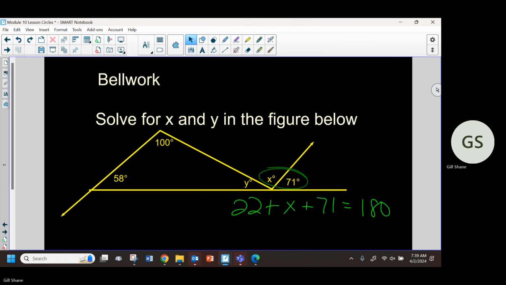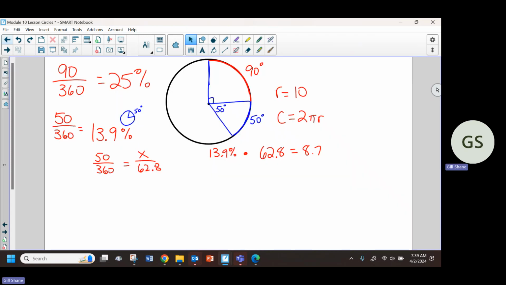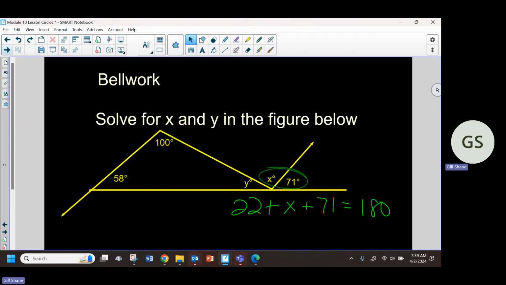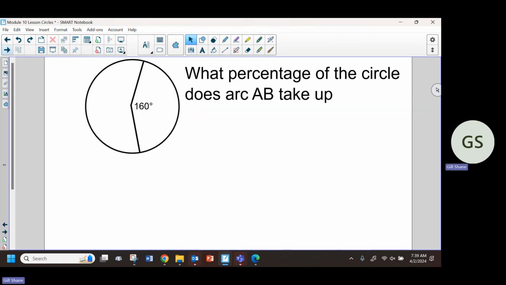All right. So that was the EOC review. Here's your circles quiz review. So that's what we kind of did is the lesson right before the quiz. See if you can figure that out.